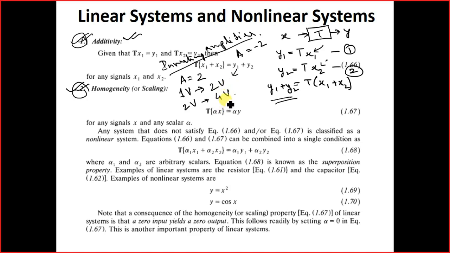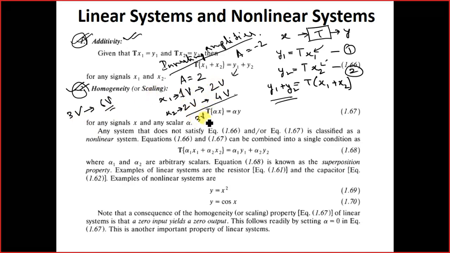Now, what if I give a 3 volt input, wherein we have x1 of 1 volt and x2 of 2 volt? We get 3 volt, and we will get 6 volt as the output. So if we add up over here also, input is 3 volt, output is 6 volt. Okay, so this is matching, right?